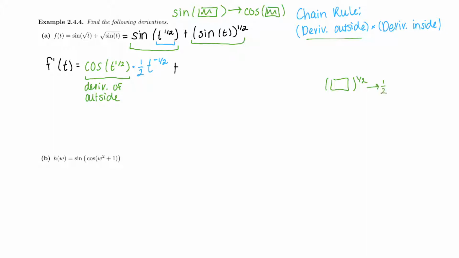So when I take the derivative, it's 1/2, and then the stuff on the inside stays the same, raised to the negative 1/2, because I'm using power rule on the outside. In this case, the inside stuff is sine t. So sine t would stay on the inside. So I have 1/2, sine t stays on the inside, raised to the negative 1/2.